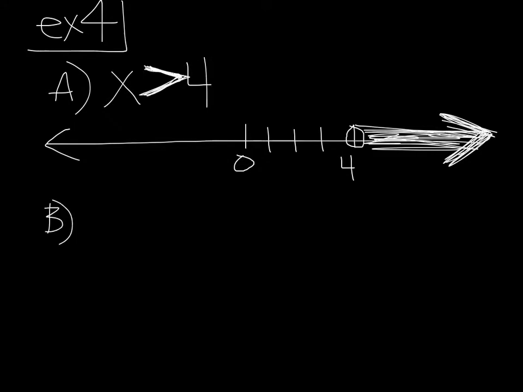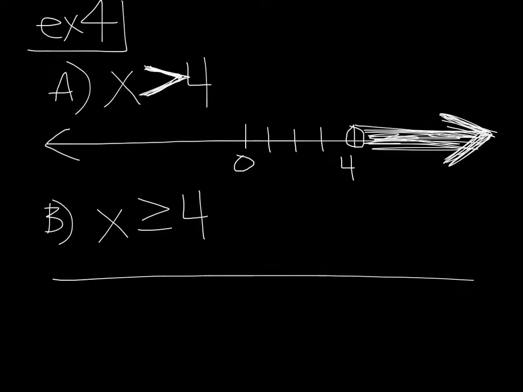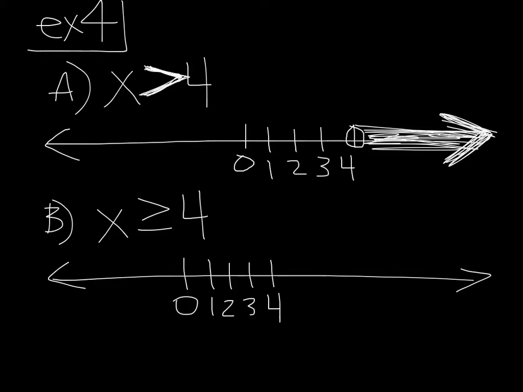Here is B. B says x is greater than or equal to 4. Well, on this one, we basically have the same thing. Always graph where 0 is at. 1, 2, 3, 4. And you don't always have to go by one dash there, because sometimes you might have a really big number, so you want to scale it by 2s or 3s or 5s or 10s or hundreds, something like that. But in this case, we again go to the 4.